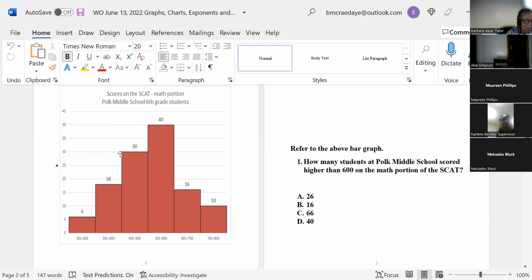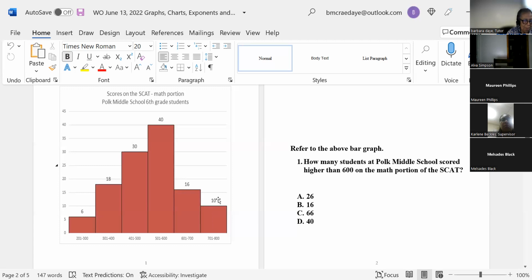Now, how many students scored between 701 and 800, Alva? It's right here. How many students scored within that range? Is it 5? No, read off the number at the top of the bar.